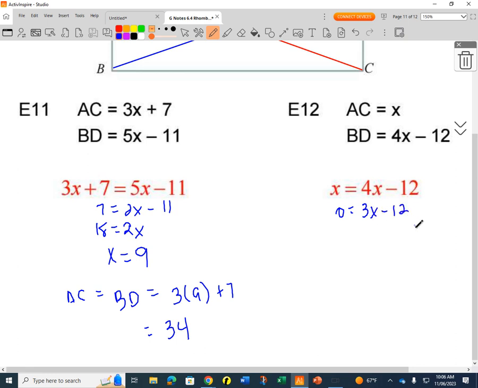Add 12 to both sides. Divide both sides by 3. And now I know that x equals 4. Well, diagonal AC equals x. So now we know that AC equals BD, and they both equal 4. Any questions?